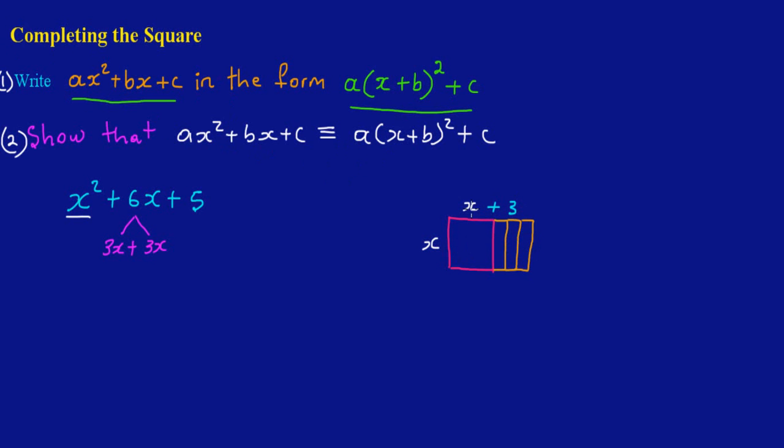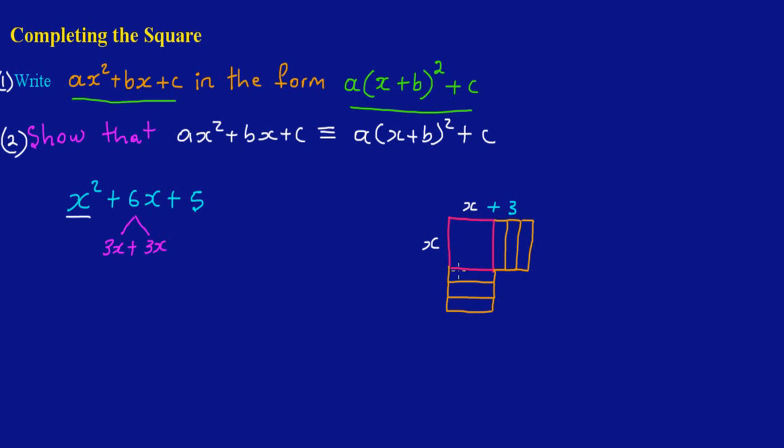We have just added half of b to this side, so now we must add the other half to the next side. So I'm going to add my next half here, and that is 3 as well.